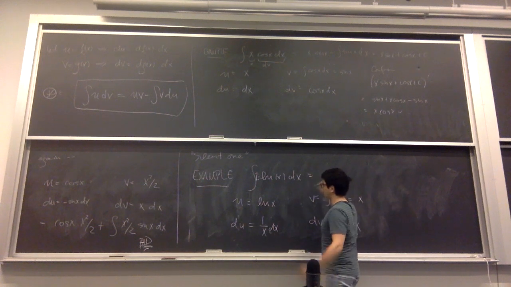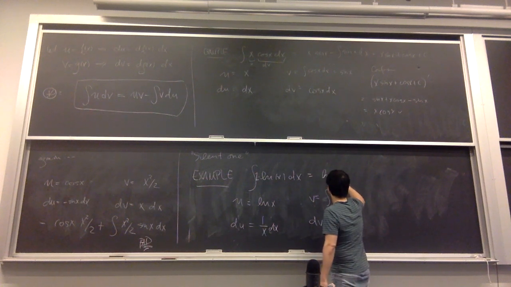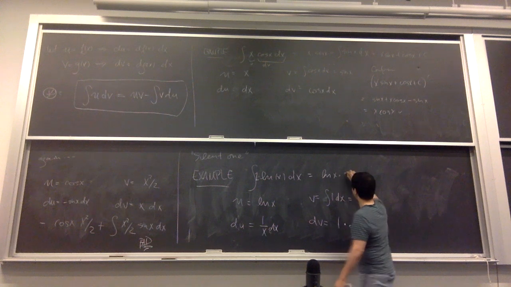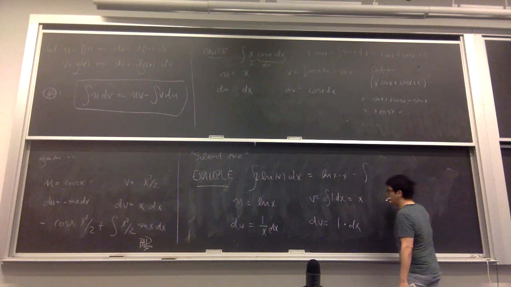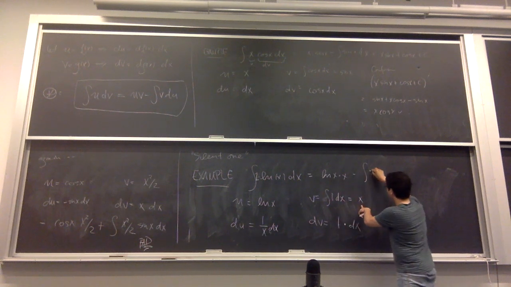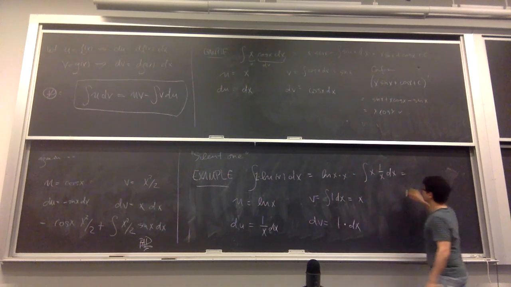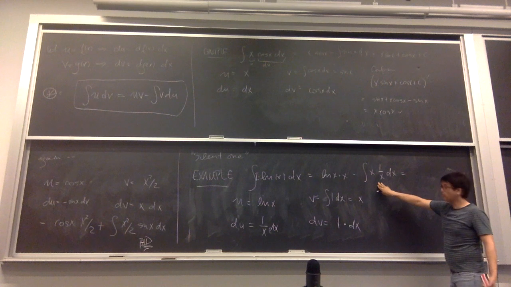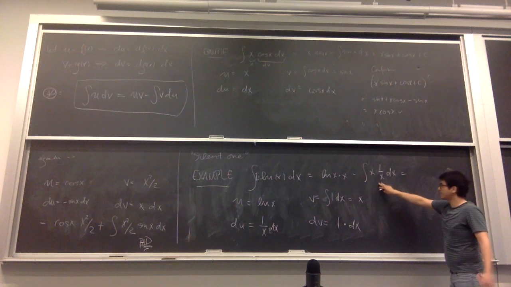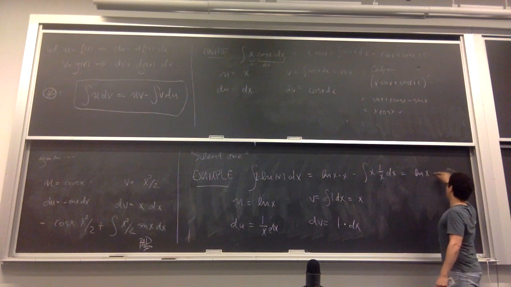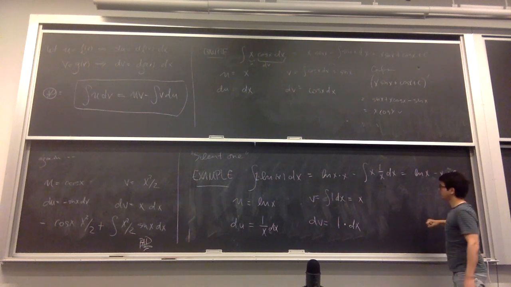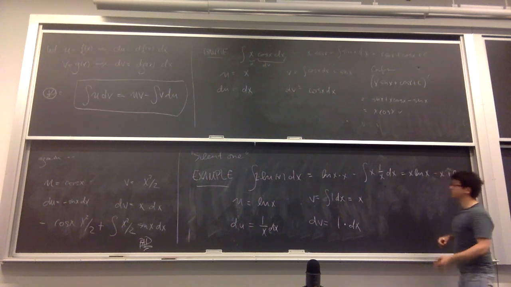So this is going to be equal to uv, minus the integral of v du. Here's v, and du is 1 over x dx. This is just 1, so the integral of 1 is x. So you're going to get x ln x minus x plus c.